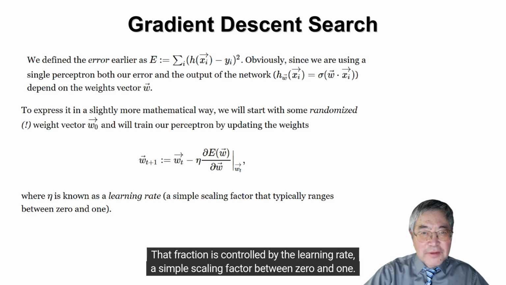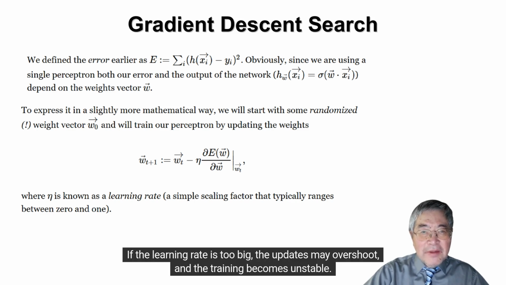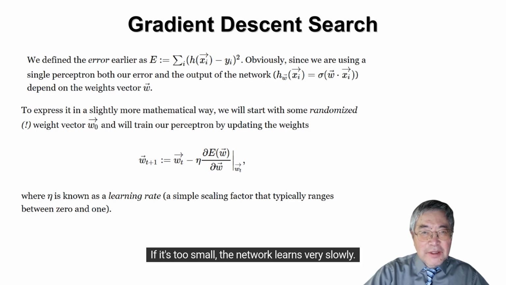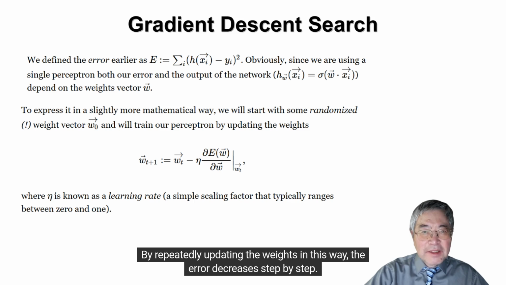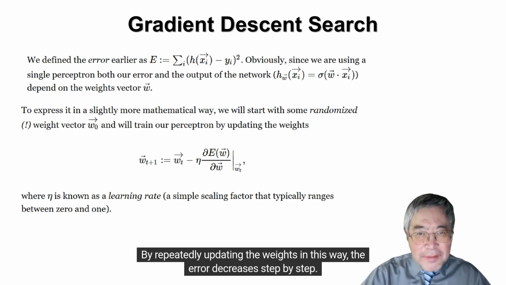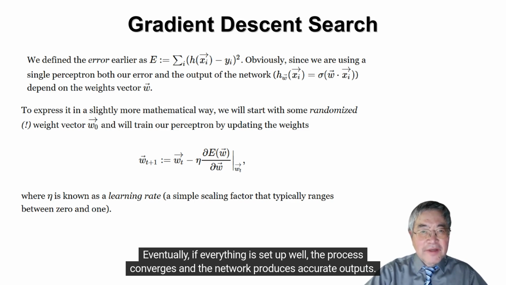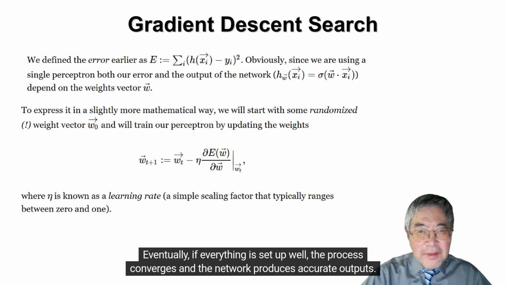That fraction is controlled by the learning rate, a simple scaling factor between 0 and 1. If the learning rate is too big, the updates may overshoot and the training becomes unstable. If it's too small, the network learns very slowly. By repeatedly updating the weights in this way, the error decreases step by step. Eventually, if everything is set up well, the process converges and the network produces accurate outputs.